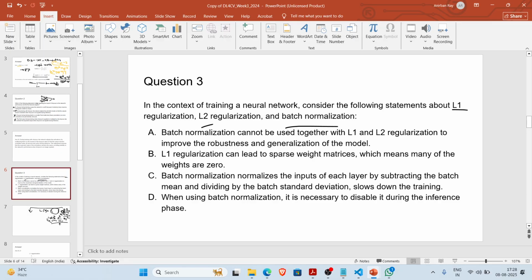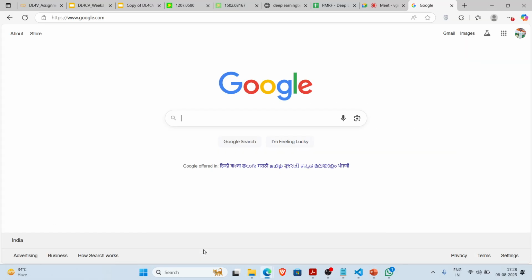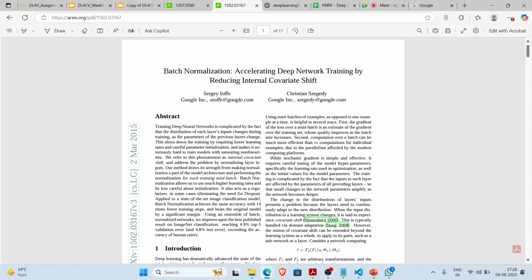Now we have to move to batch normalization. Okay, so let's do that. Batch normalization: accelerating deep network training by reducing internal covariate shift.